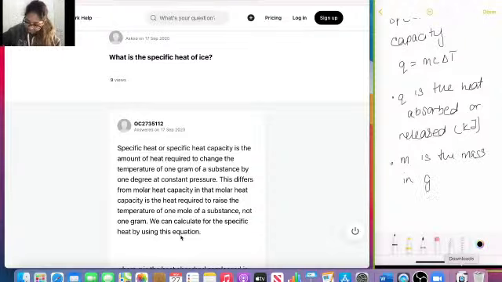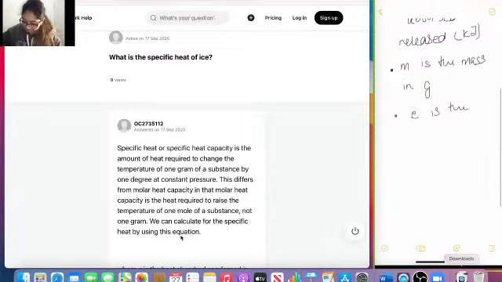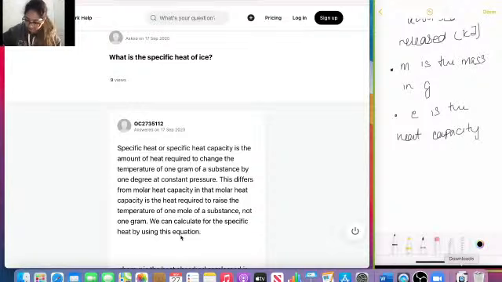and then you have C. C is the heat capacity, and this is usually given in a table, or you can't really get the heat capacity otherwise.